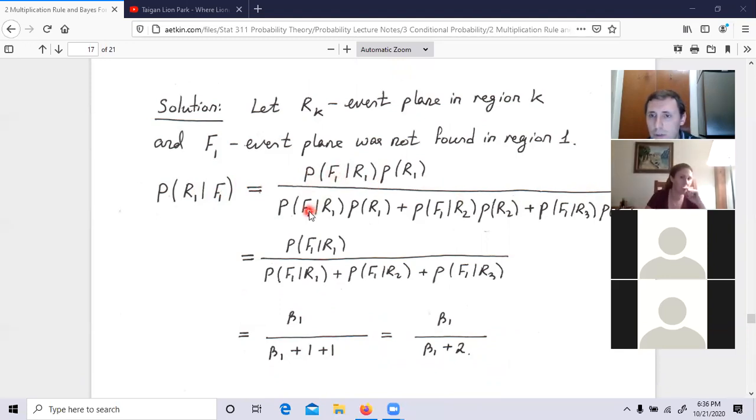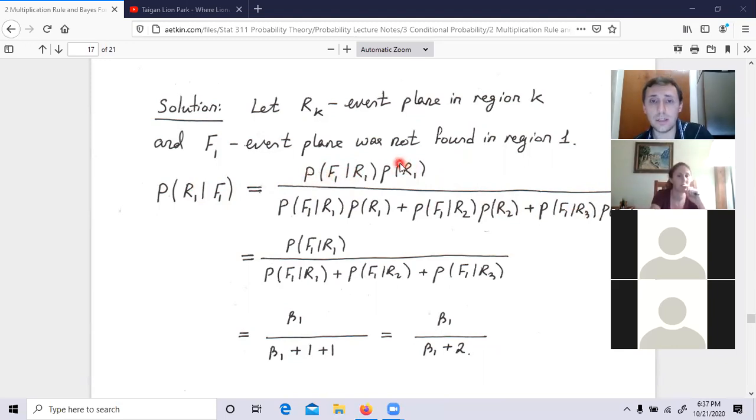Do you get how it works on the denominator? It's basically the probability of F1 given R1, plus F1 given R2, plus F1 given R3. Good. The numerator is just F1 given R1, just the intersection with R1. Good. You all understand? This is the same formula. The generalized formula is very important.